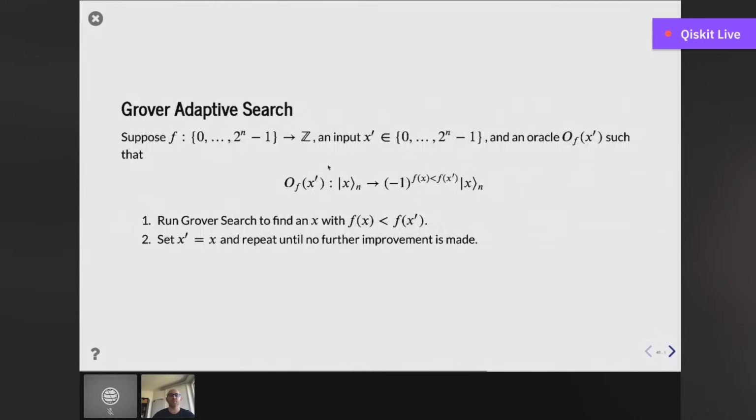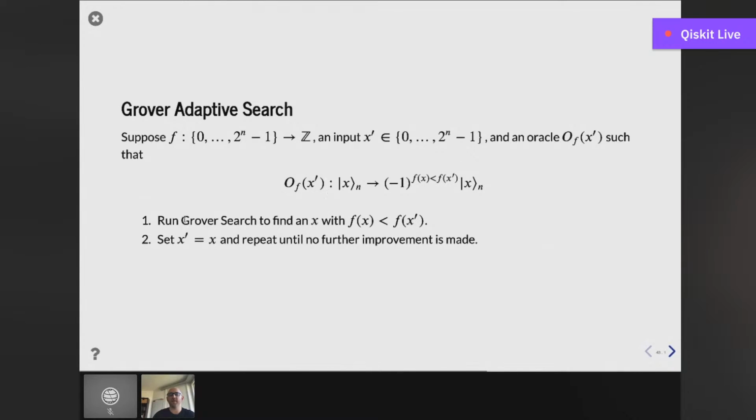Then what is Grover adaptive search? Grover adaptive search now assumes a function f from the same set to, for simplicity, the integers. And in addition we assume some input x' out of this set. And then we want to have an oracle O_f(x') that maps |x> to +|x> if f(x) is larger than or equal to f(x'), and to -|x> if f(x) is below f(x').